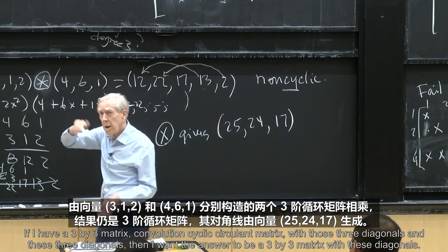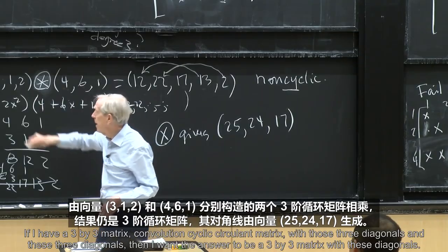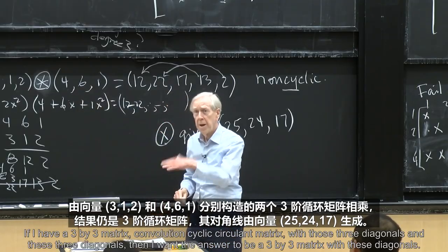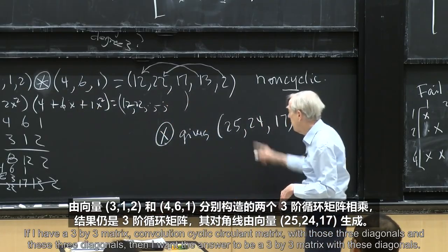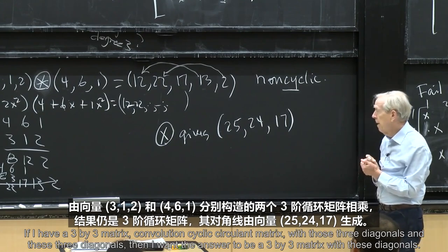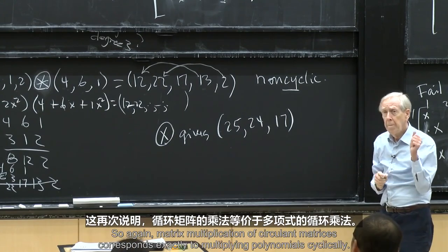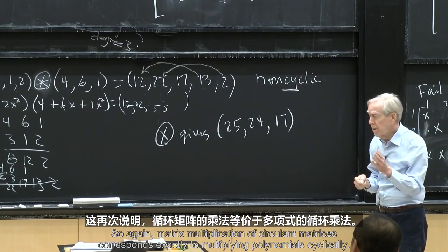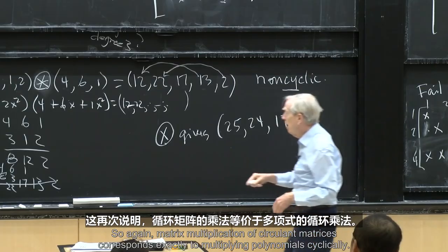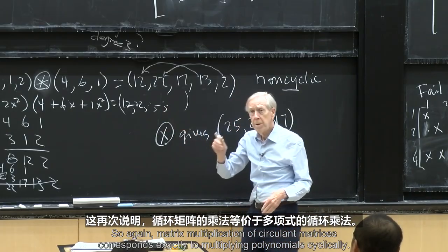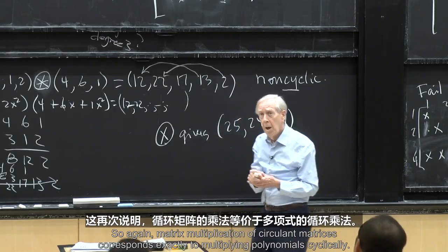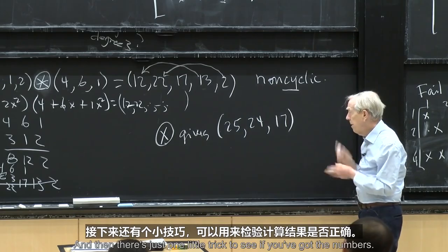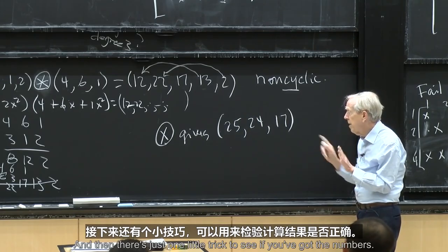If I have a 3 by 3 circulant matrix with those 3 diagonals and these 3 diagonals, then I want the answer to be a 3 by 3 matrix with these diagonals. So again, matrix multiplication of circulant matrices corresponds exactly to multiplying polynomials cyclically, and that's cyclic convolution.